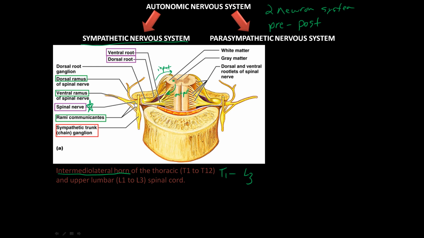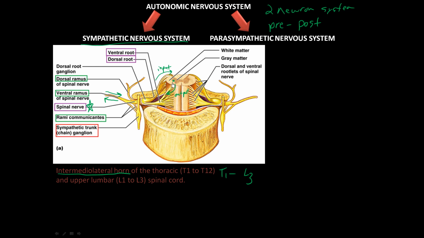The spinal nerve itself, and this could be a tricky question on an exam, is a very short distance. But the dorsal ramus and the ventral ramus both have information coming in and information going out.